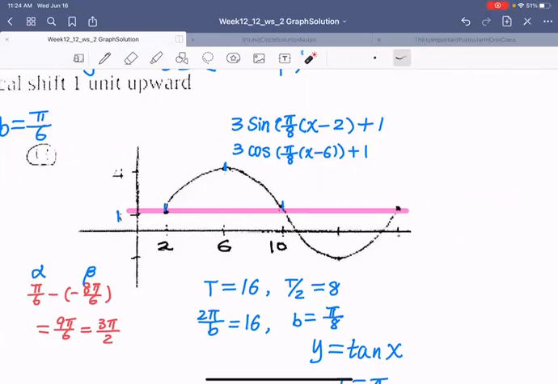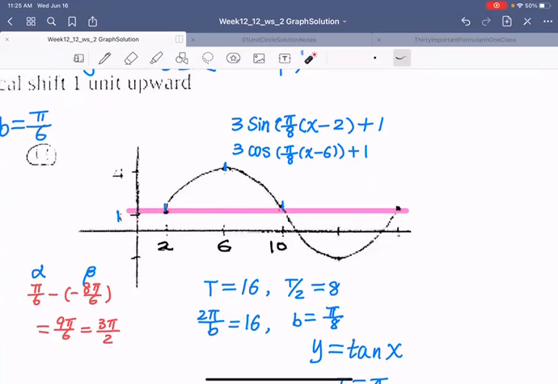So the way you put the correct number here is, if you choose sine, you redraw your graph from the 0 position and you're going up. And you see this position, your new position, your real position is at 2. You shift to the right by 2, so you have a minus 2.